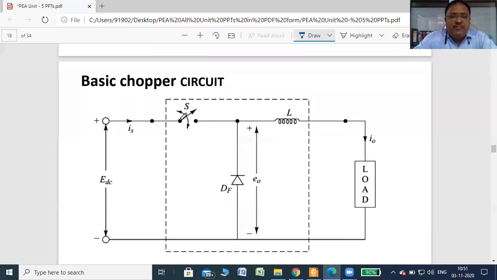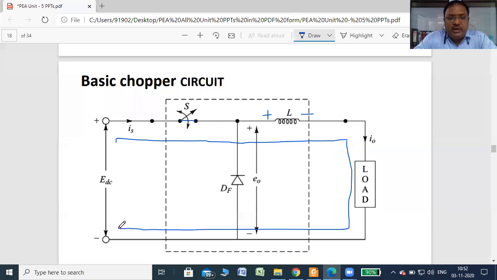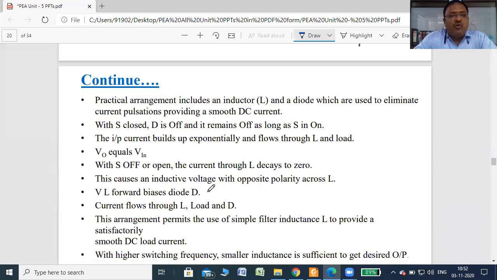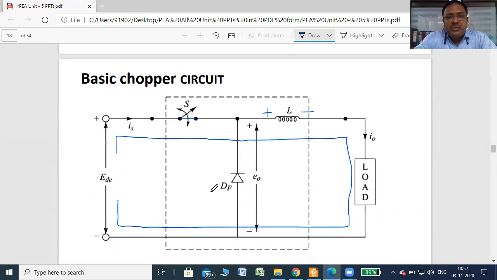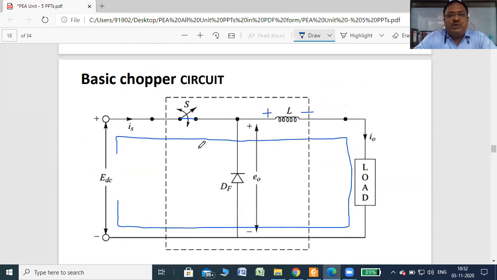But if the switch is on, then current starts to flow from EDC plus, then the switch, then L. When current flows, L starts to store charge with positive polarity on this side and negative on this side. Then current flows through R, that is the load, then back to EDC minus. This is the flow of current during switch on.